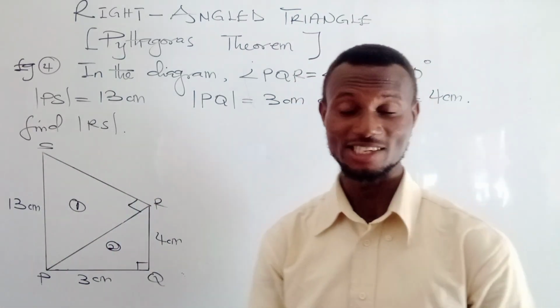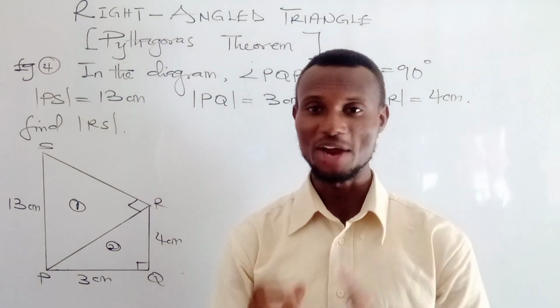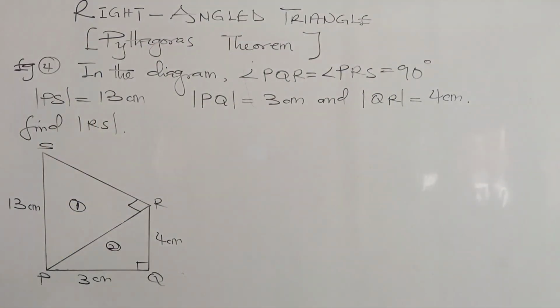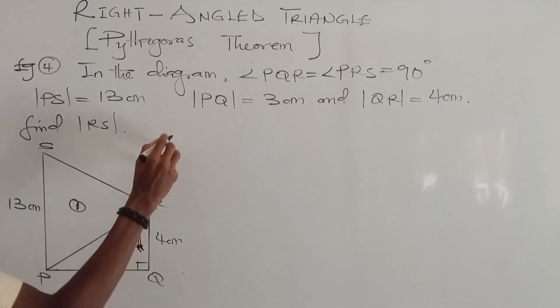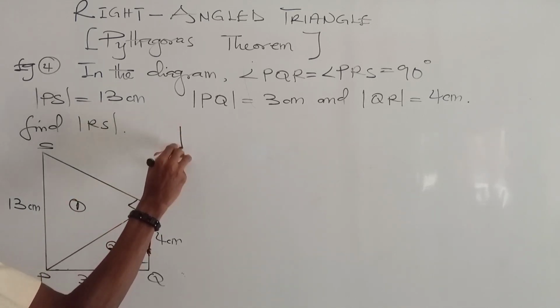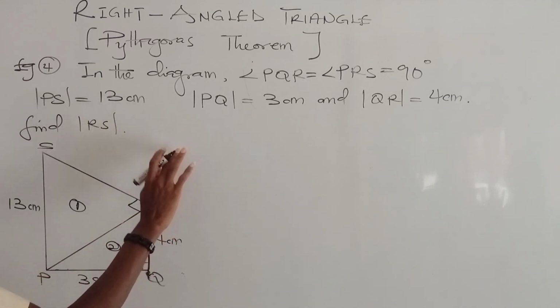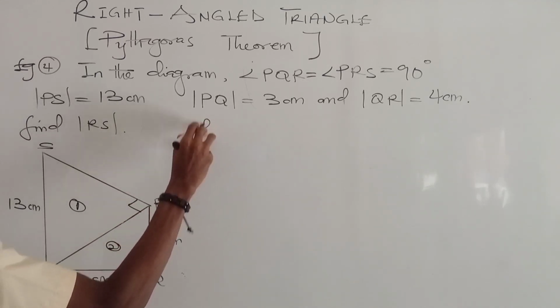I hope the explanation is clear enough and you agree with me up to this point. Let's go ahead and put down the Pythagoras theorem formula for finding the line PR. I'm starting with the solution, so please follow.